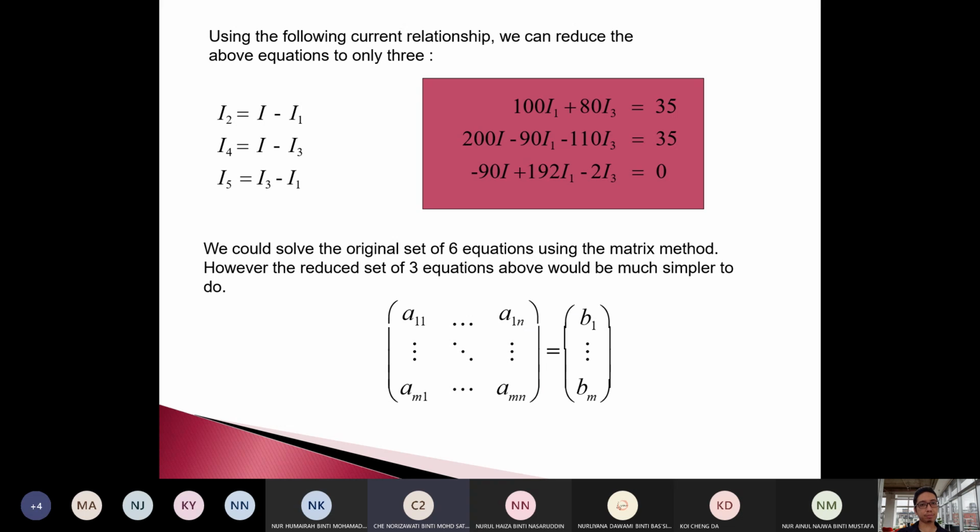Once you have this, what you can do is use a matrix method. You can use a matrix method to solve these 3 equations.